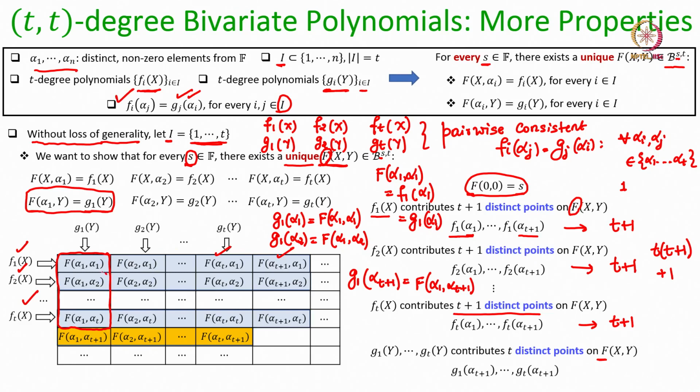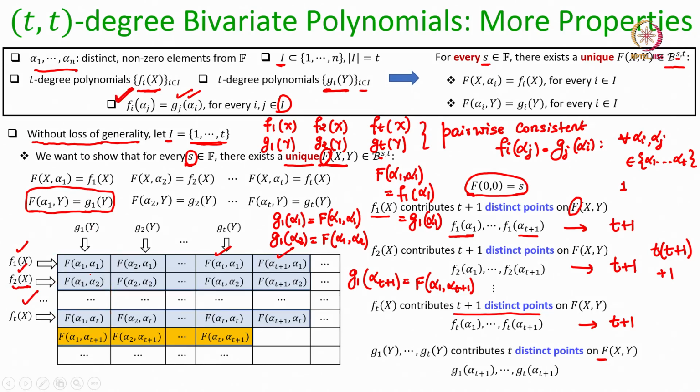In the same way, this second point along this first column has been already fixed, because this second point on the first column is nothing but the f 2 polynomial evaluated at alpha 1, and that is given to be the same as the g 1 polynomial evaluated at alpha 2 due to this pairwise consistency.